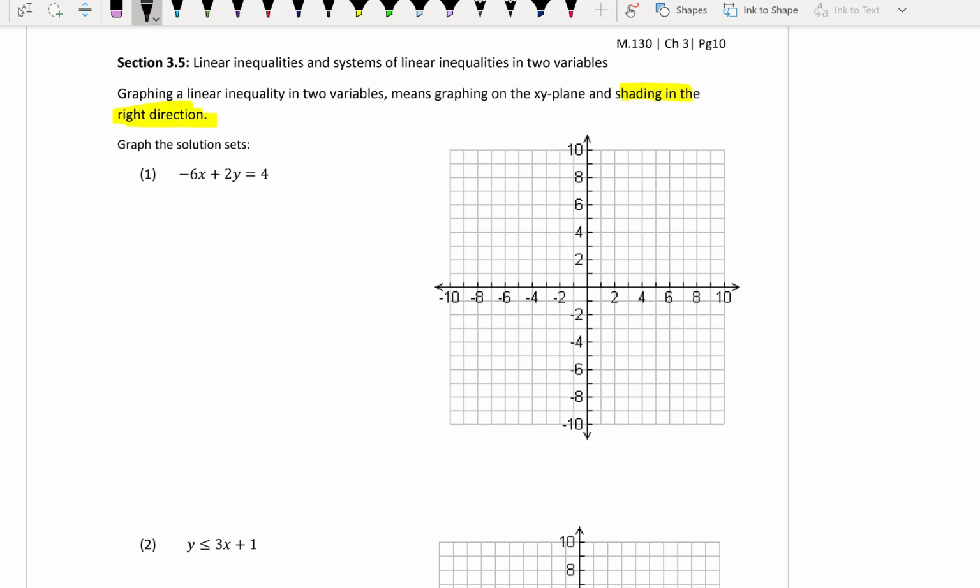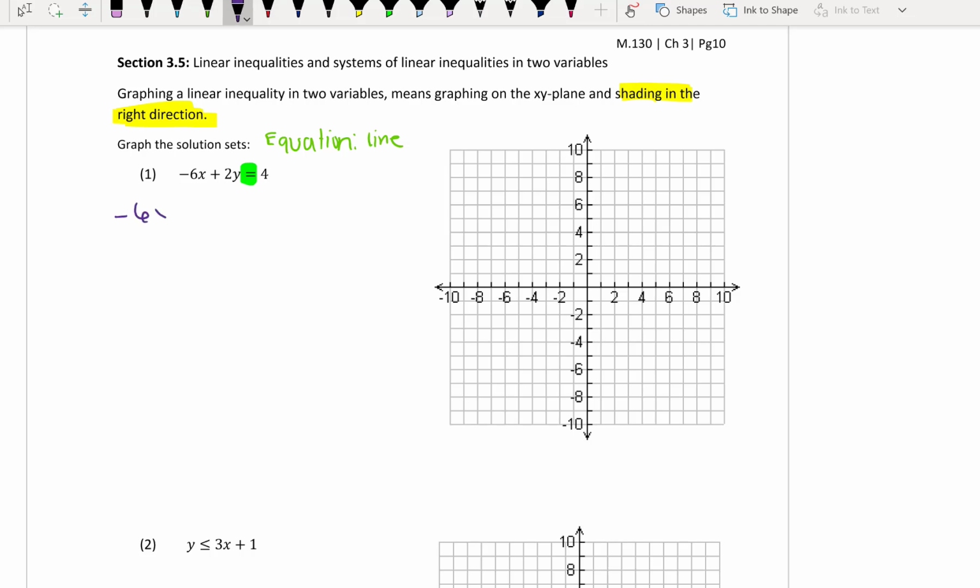So for example, let's look at number 1. For number 1, I see this as an equal sign. So I know that this is going to be an equation, and the type of equation that it's going to be is a line. It's linear because I have a degree 1 on the x and the y. So my goal is to get the y by itself.